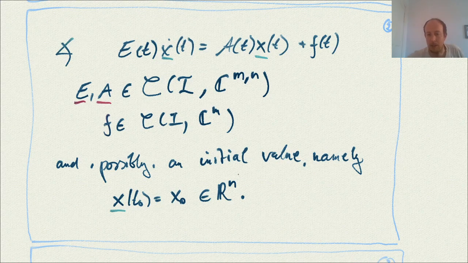And if we talk about the initial value problem, then it should also be x equal to x0 at time t0. And here the big difference, and this really makes a huge difference, is this dependence on time. Before that, E and A were just matrices, and now E and A can change with respect to time.